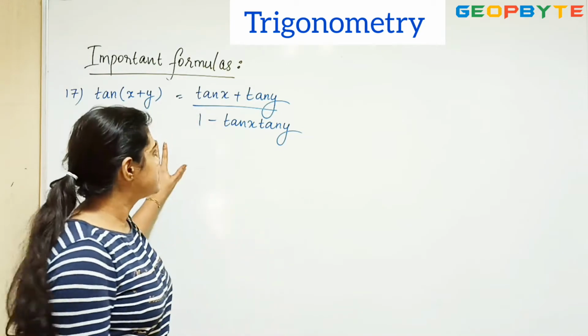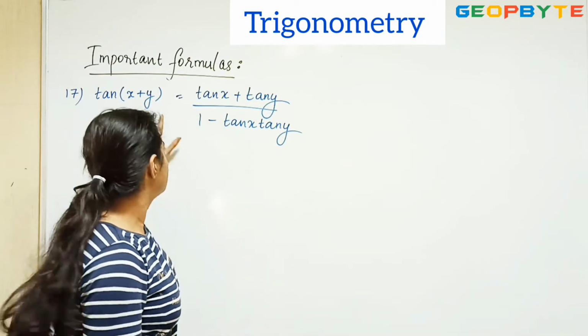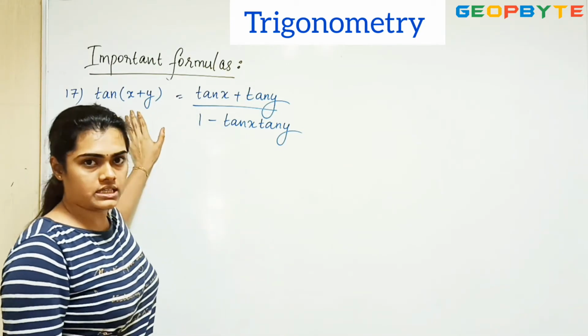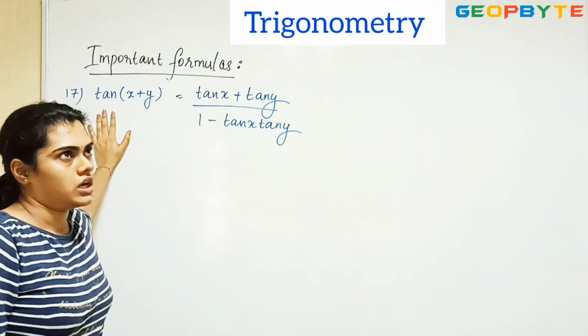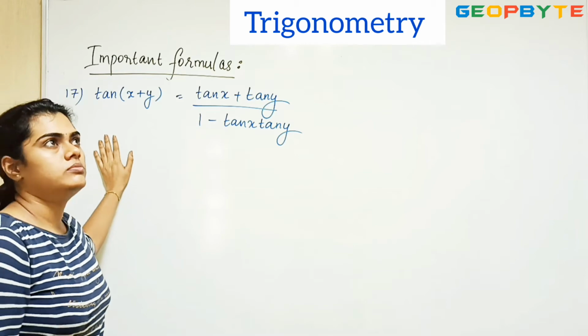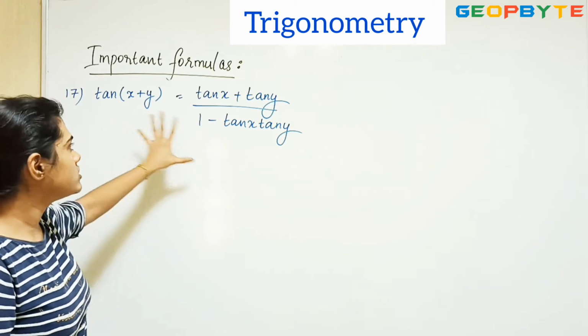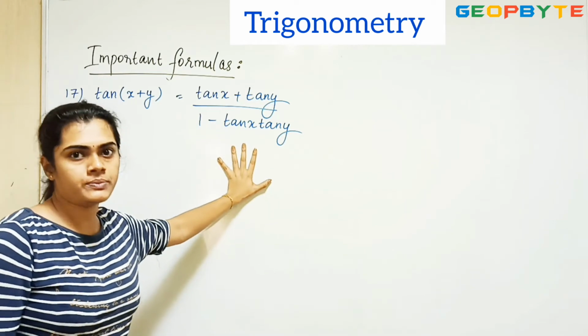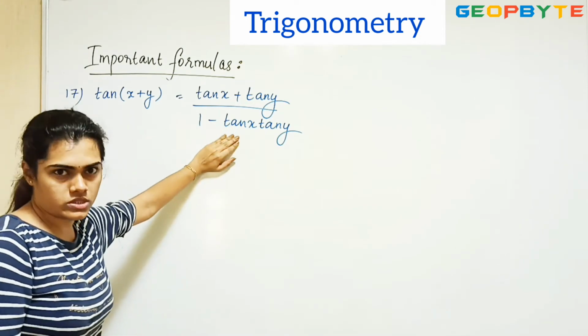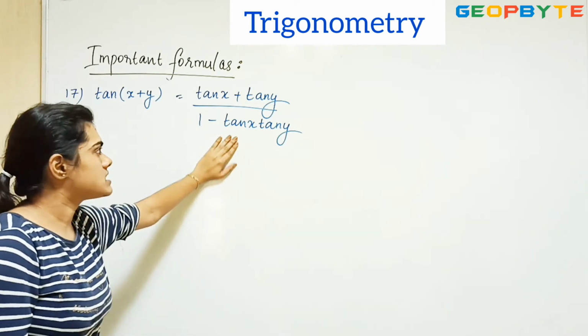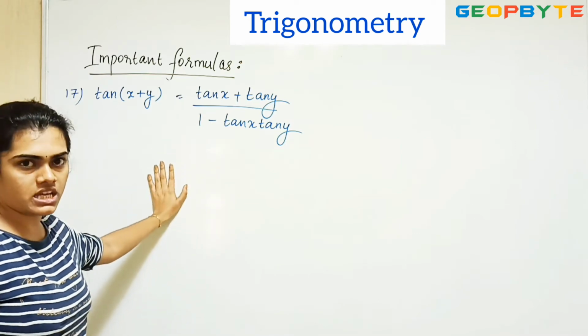Now we have similar kinds of formulas, that is, the sum of two angles with a function. If there is tan of say 3 pi by 2 plus pi by 4, then you can use this formula and get the answer. If finding the angle is very difficult, you can use this. So how are these formulas obtained? I will derive the formula here.